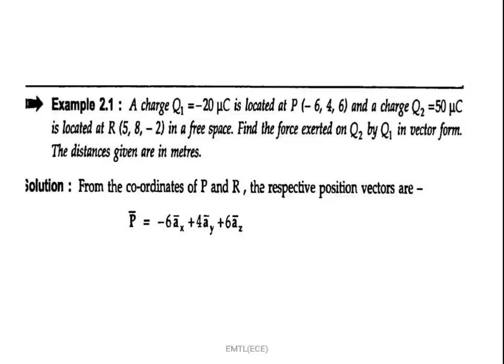First of all, to solve these problems, convert the point P and point R into vector notation. That means the position vector for P, whose points are minus 6, 4, 6, is represented by minus 6 AX bar plus 4 AY bar plus 6 AZ bar.